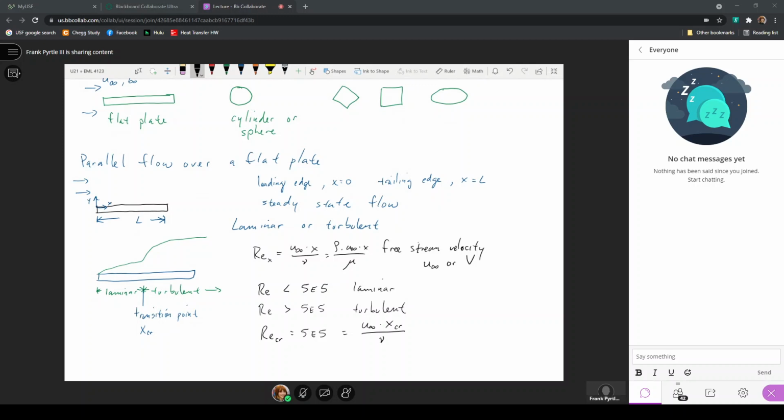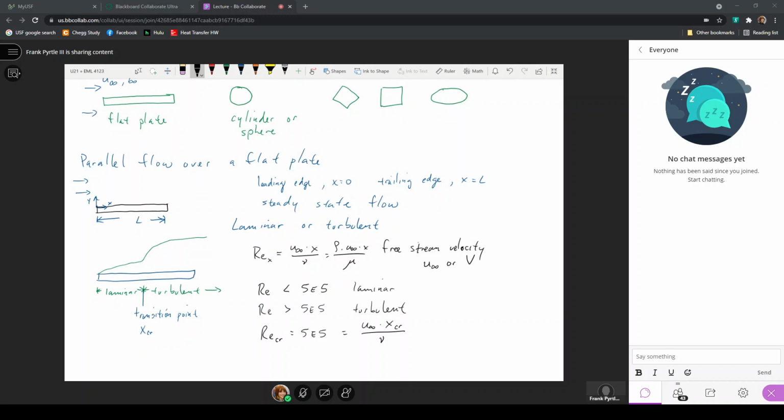So if you wanted to find where is that position that we would consider the fluid to transition from a laminar flow condition to a turbulent flow condition, we'd say, okay, the critical Reynolds number is 5 times 10 to the 5th.